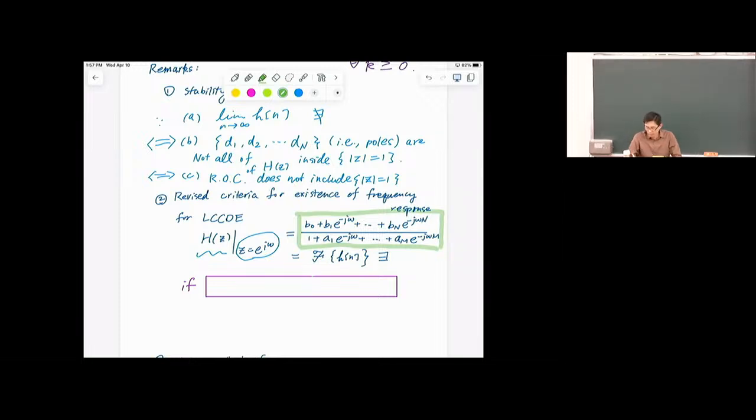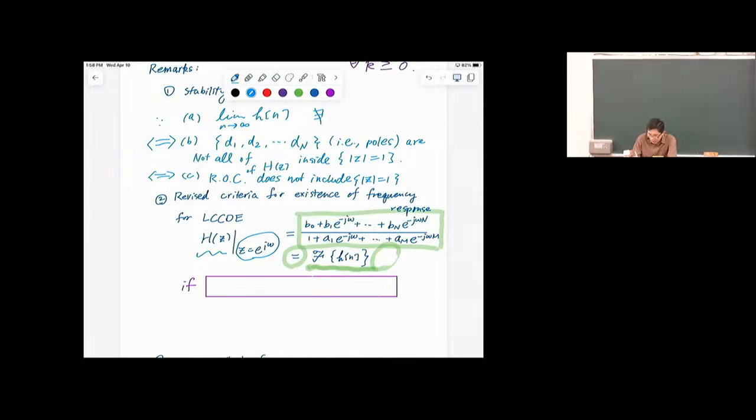But we say it equals the Fourier transform of our impulse response only if the Fourier transform of the impulse response exists. If it doesn't, then please do not put the equal sign. So let me complete writing.